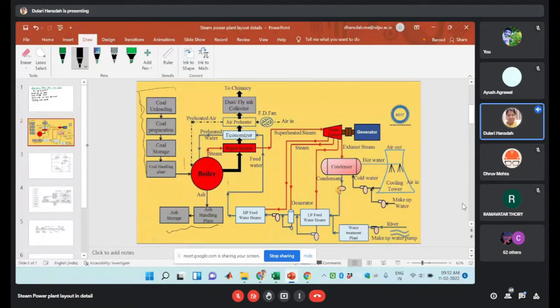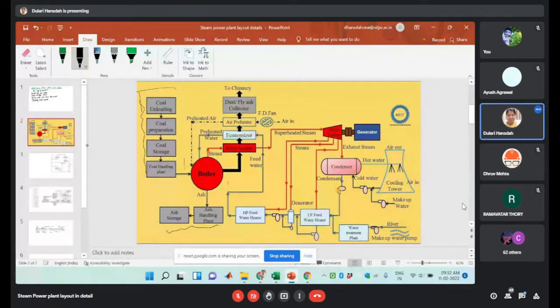Here, if you are observing the coal and ash circuit, in this case we are going to discuss how that coal will be transported and prepared for the furnace, and where it can be stored, and there we are performing the different handling systems.